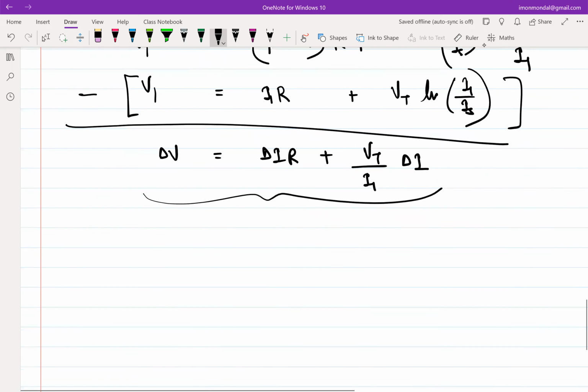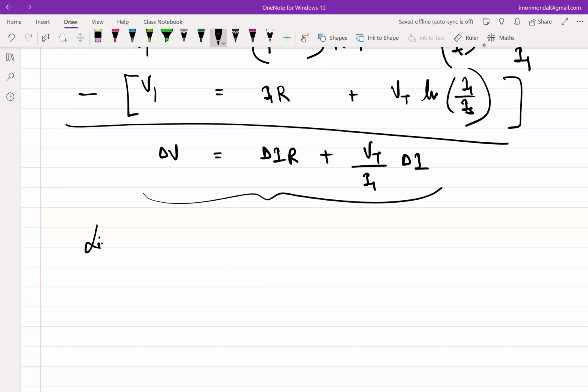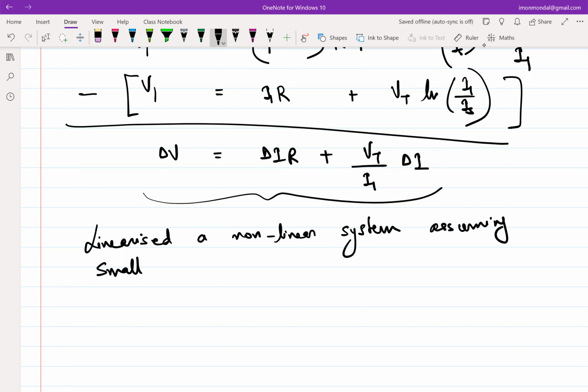So essentially what we did, we linearized a nonlinear system assuming small perturbations. Right? So we perturbed the original system.